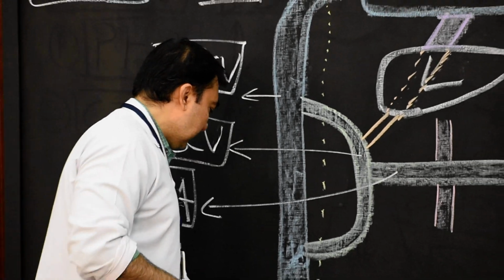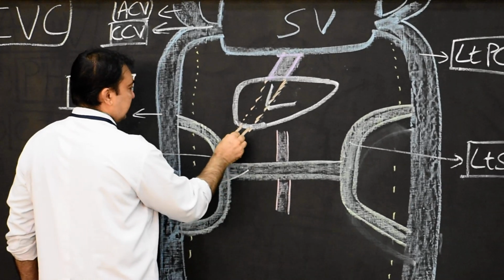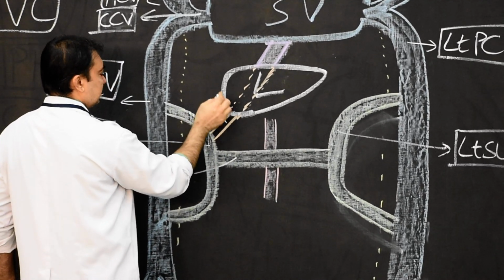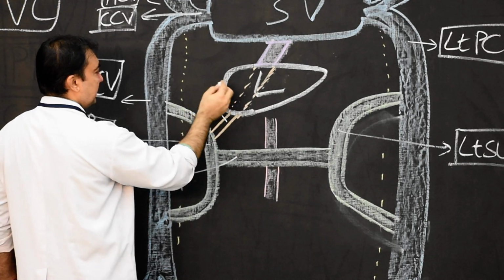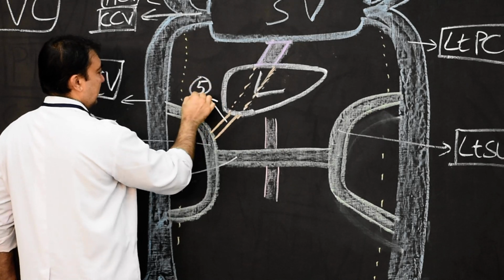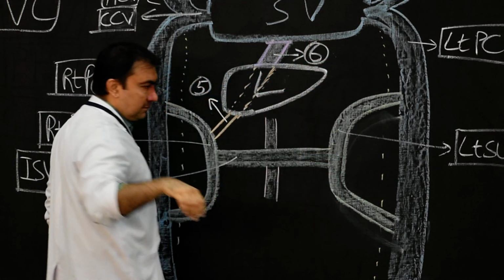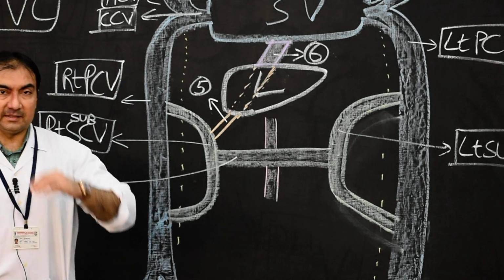So here there are two segments. This segment I will write as segment number 5, and this segment as segment number 6. Later on we will connect all the segments.